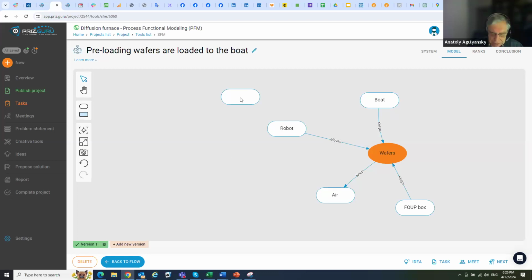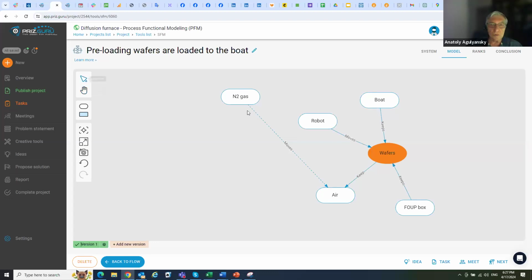We have N2 gas, which moves here. It should remove here, but it's okay. Moves, but insufficiently. Let me move it.